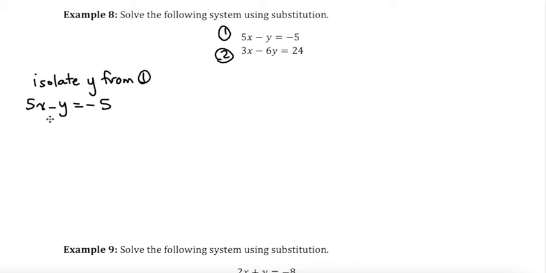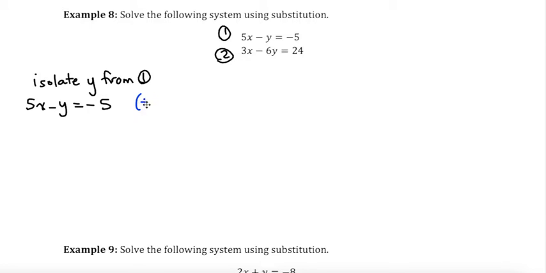Because my y is negative on the left-hand side, I'm going to make it positive by putting it on the right-hand side. So instead of moving my x term, I'm going to move my y term so that it becomes a positive value. When you are solving for one of your x or your y, you want to make sure that it's a positive x or a positive y equals an expression.